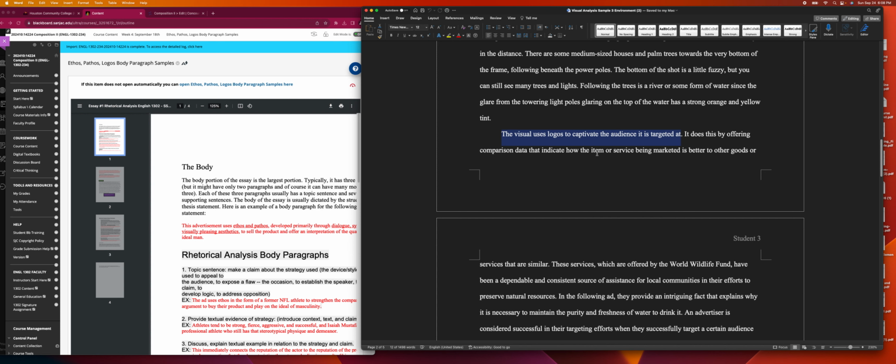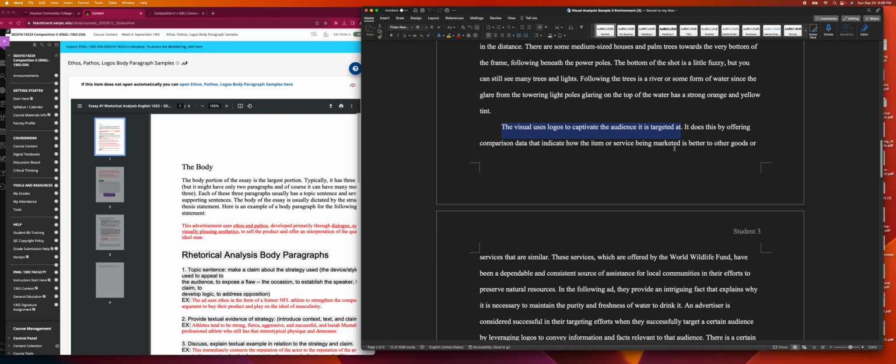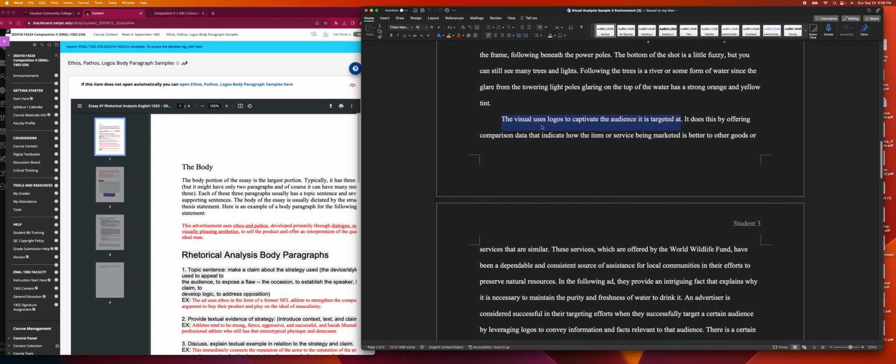That's a claim. The environment is in trouble, and this ad uses logos in order to reveal that claim, right? This visual is making the claim that the environment is in trouble, okay? So the student doesn't really have a claim in this topic sentence, right?